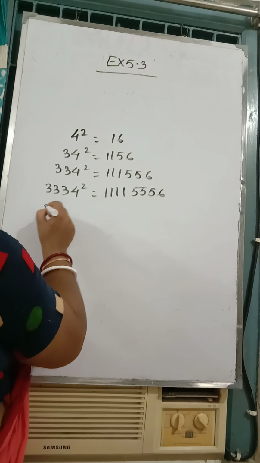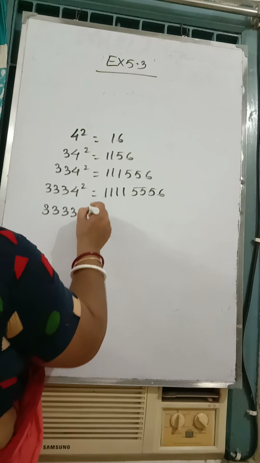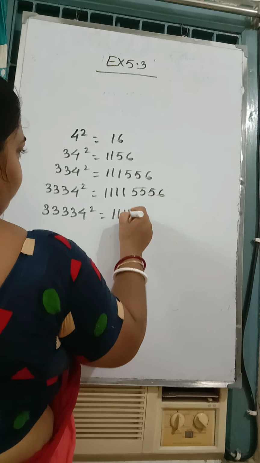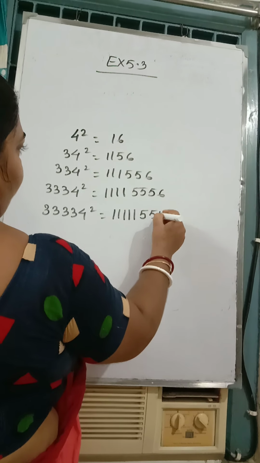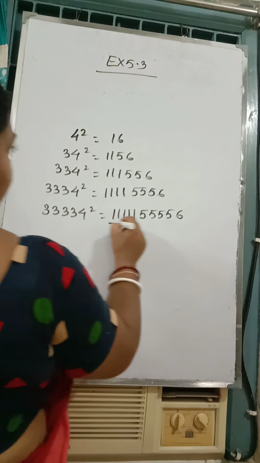Now here you have 4 threes and 4 square, then you have 5 ones, 3 threes of 4, 3 of 4, 5s and 6. This will be the answer.